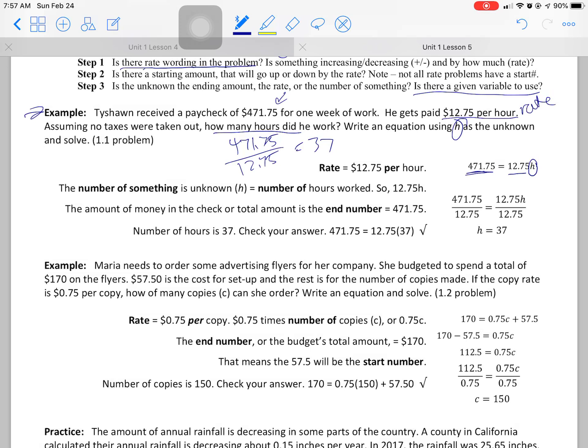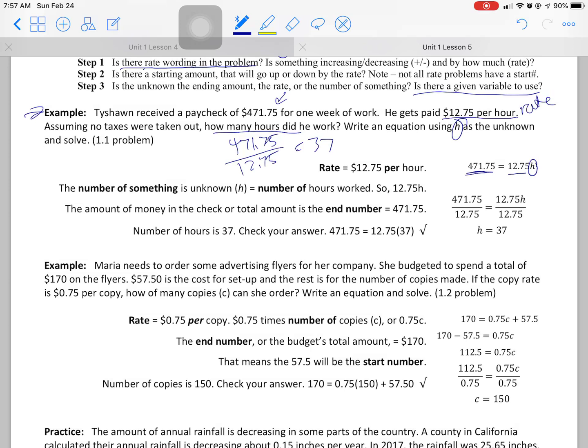If he was a waiter and he gets, I don't know what it is these days, $5 and something an hour plus tips, he would have a tip number over here. That would be a starting amount, tips plus whatever this turns out to be. But in this case, we didn't, okay?